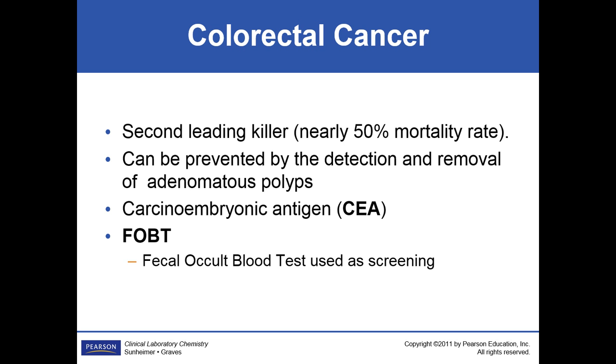But if you had both of these, then they would do further testing. But colon cancer has a 50% mortality rate, so it is a very, very serious killer in the States, and can easily be prevented or reduced at least by polyp removal.